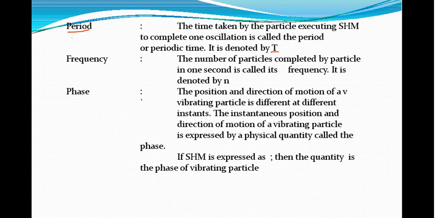time period is the total time taken divided by the number of oscillations. If 10 oscillations take 15 seconds, then 15 divided by 10, so 1.5 is the time period.